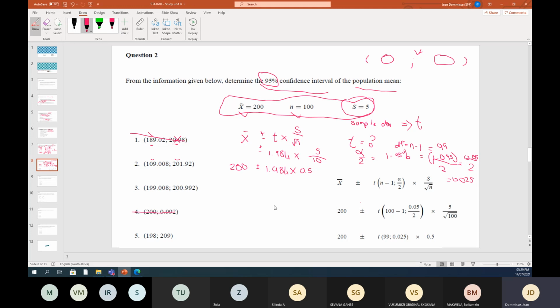So 1.984 times 0.5 is 0.992. Again, it was that one. So 200 plus 0.992 is 200.992.